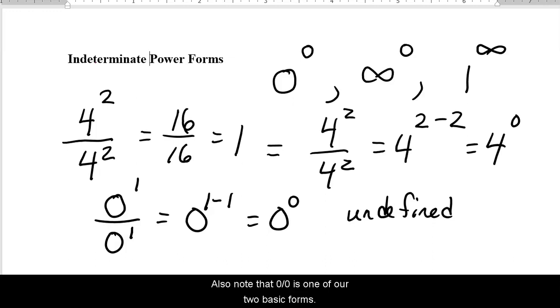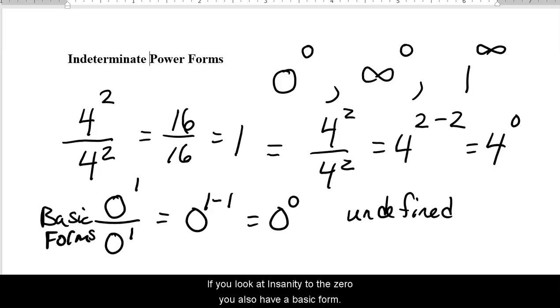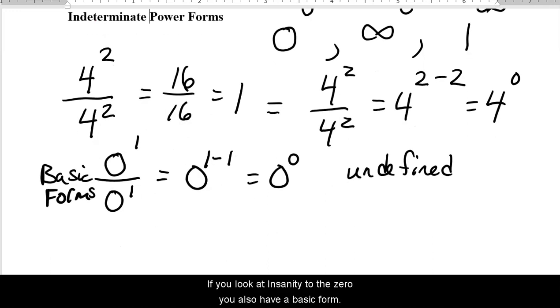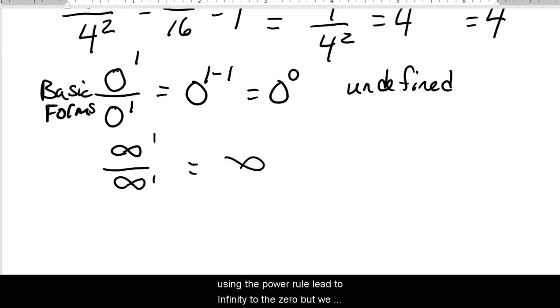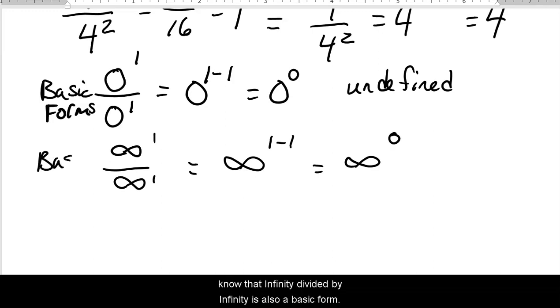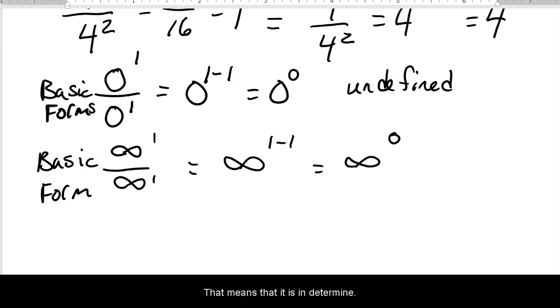Also, note that 0 divided by 0 is one of our two basic forms. If you look at infinity to the 0, you also have a basic form. Infinity to the first divided by infinity to the first would also, using the power rule, lead to infinity to the 0. But we know that infinity divided by infinity is also a basic form. That means that it is indeterminate.